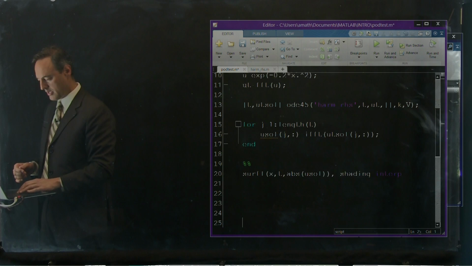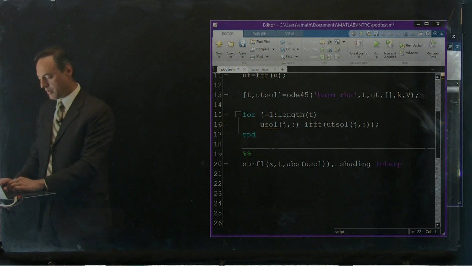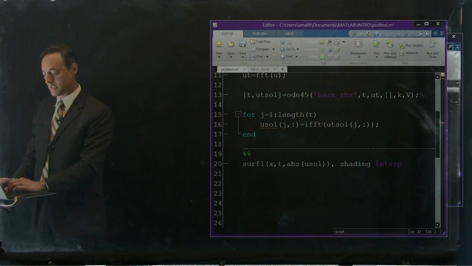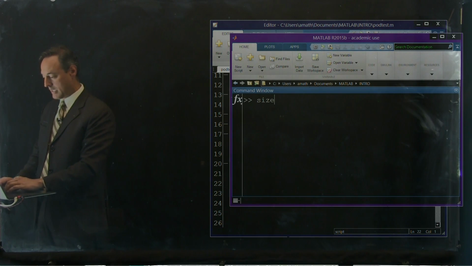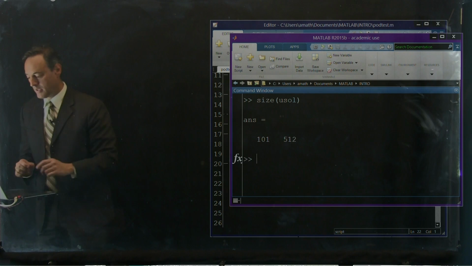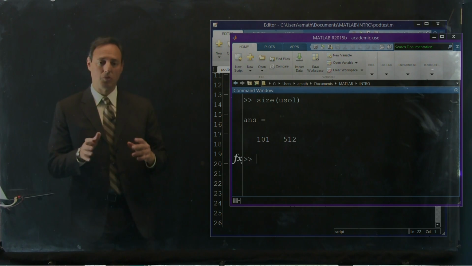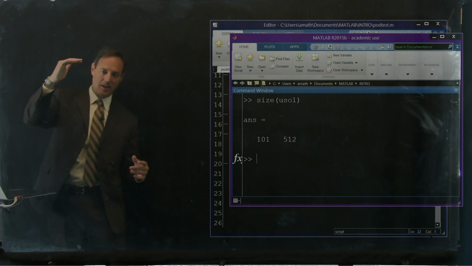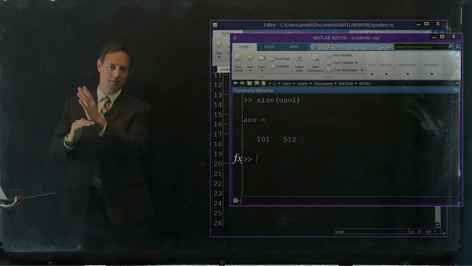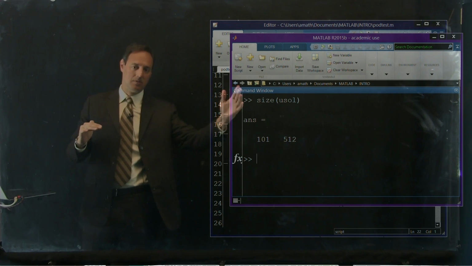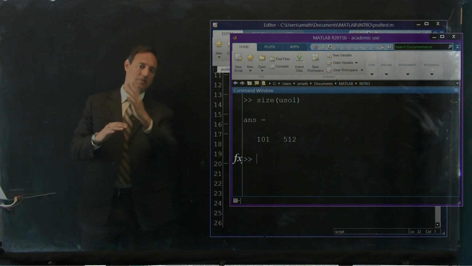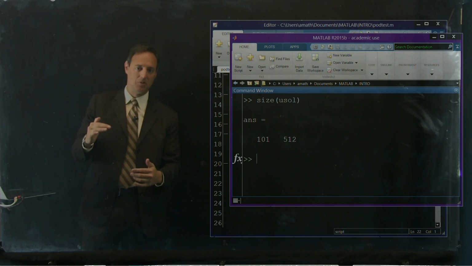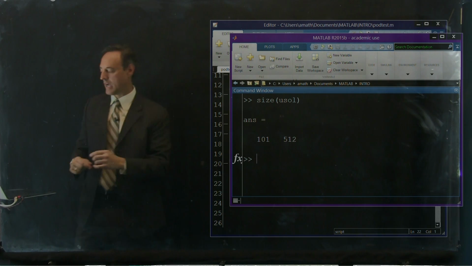So this is what we're after here, is we want to start thinking about this data matrix. And this data matrix, if you saw, is 101 by 512. So the way it's currently stacked is the spatial stuff is in the columns and time is in the rows, and that's different than the way I had written it down.